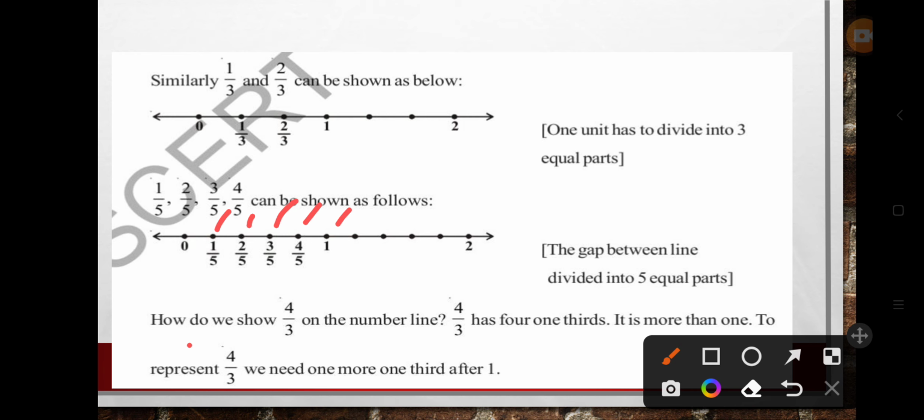The gap between the line is divided into 5 equal parts, 0 to 1.